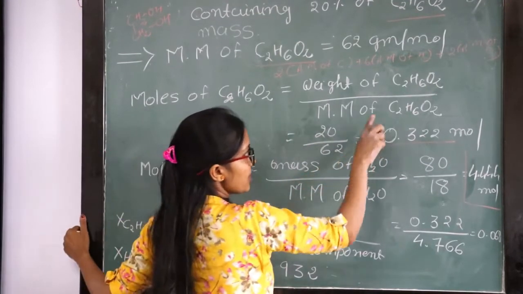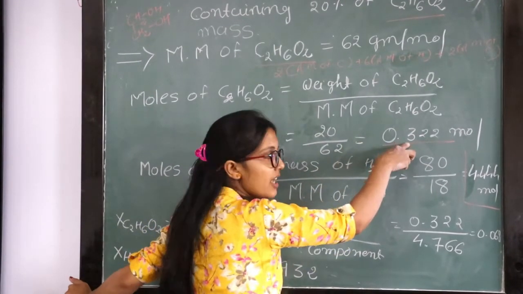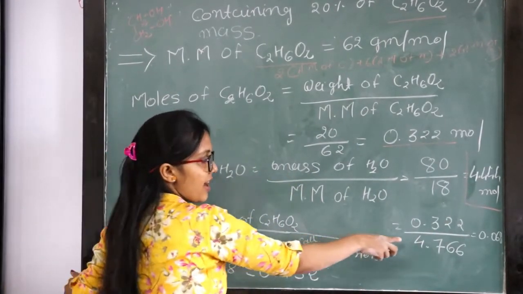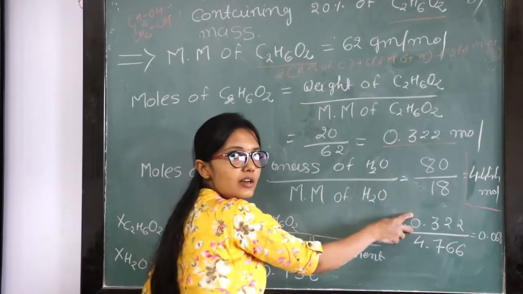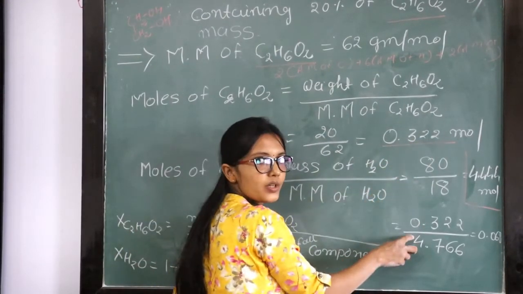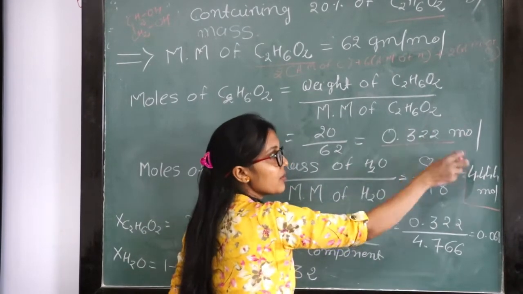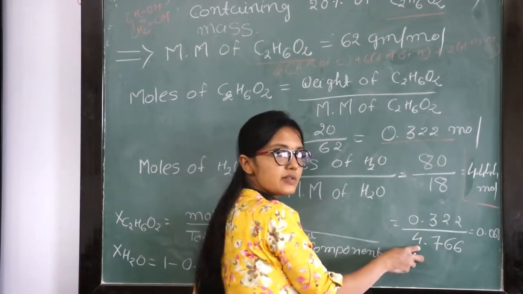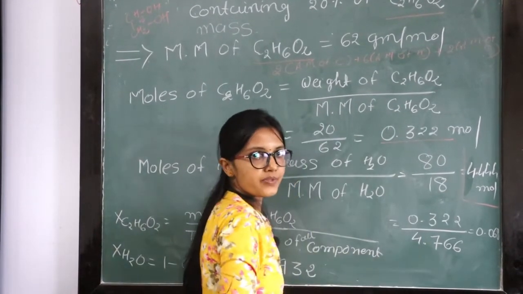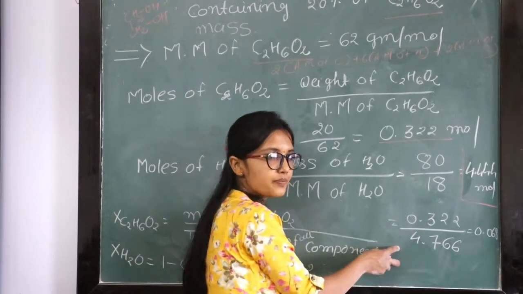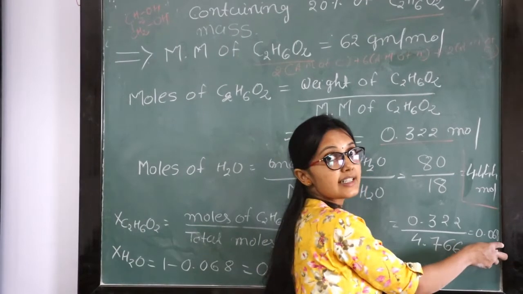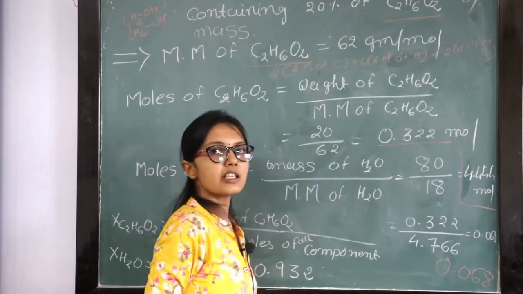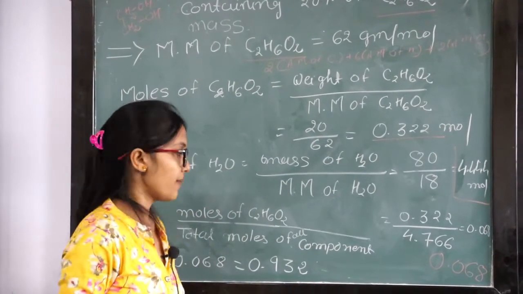Moles of solute is 0.322 and moles of solvent is 4.444. So ethylene glycol moles is 0.322 on top, and downside the sum of these two values, 0.322 plus 4.444, gives 4.766. When we divide these two values, it gives us 0.068. This is the mole fraction of ethylene glycol.